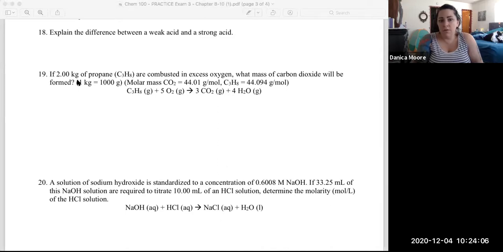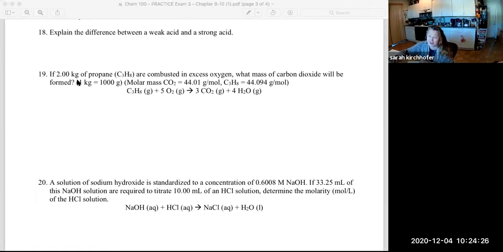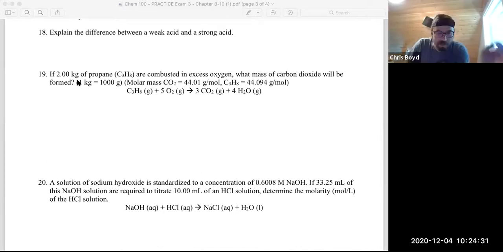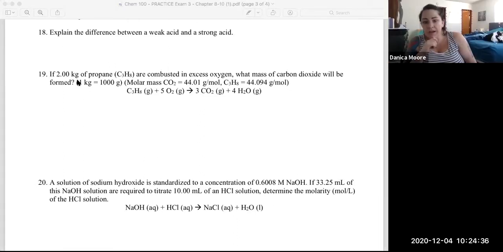Cool. So number 19, what kind of problem is that? I want to say it's a complex stoichiometry. Stoichiometry, yes, definitely. I'm never going to be able to say that word. No, it's okay. Is it a gas stoichiometry? Generally speaking, when I say gas stoichiometry, I'm thinking I'm going to need to use PV=nRT. Do I need to use that here?